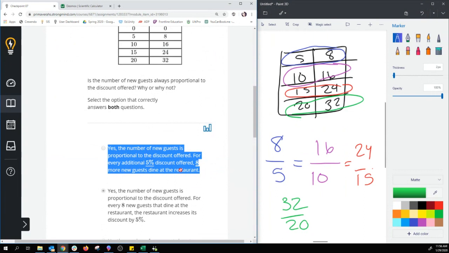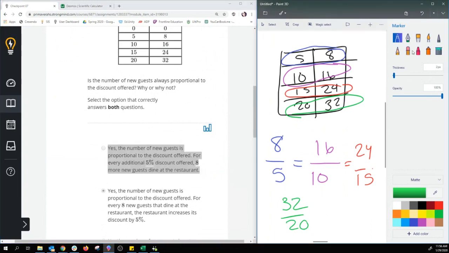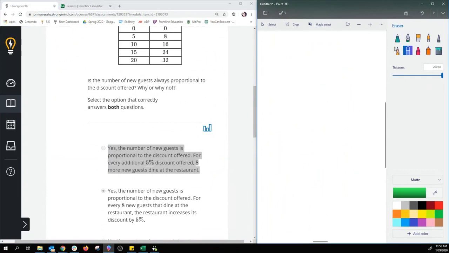So for this table, it's proportional because I'm adding 8 customers for every 5% that is increased. So make sure that when you're choosing this one, you're reading the reasoning very carefully. And then let me know when you guys are ready to go on to the next one.